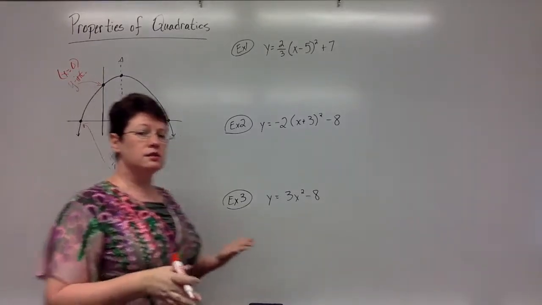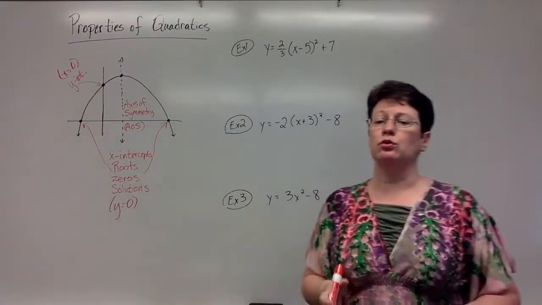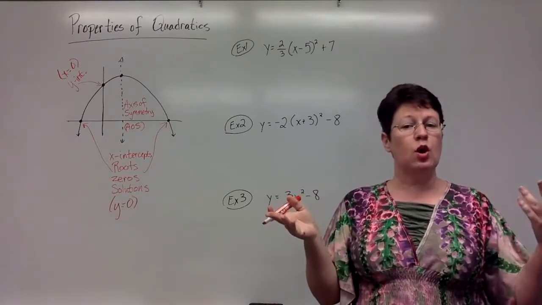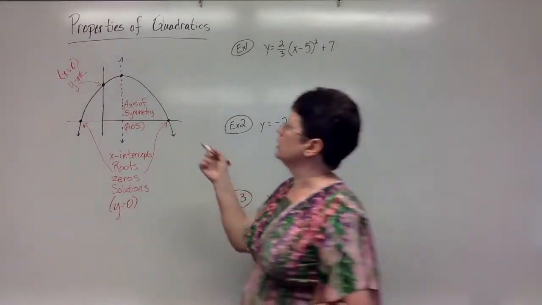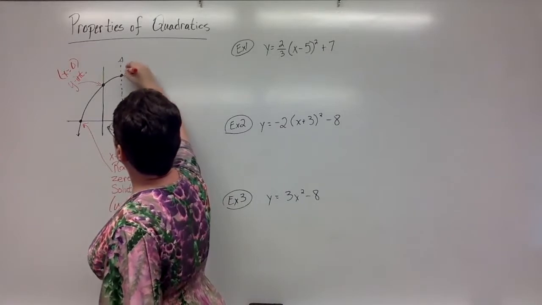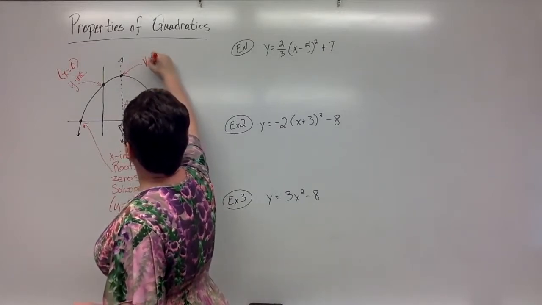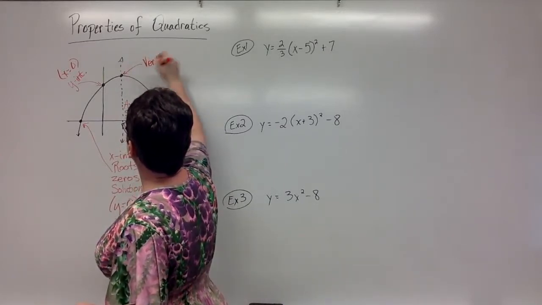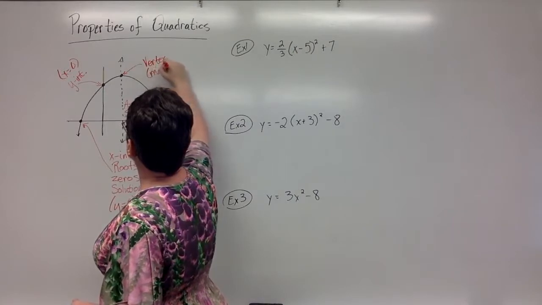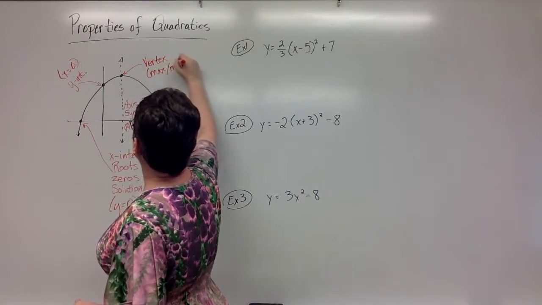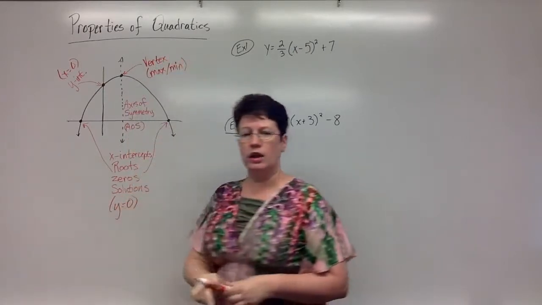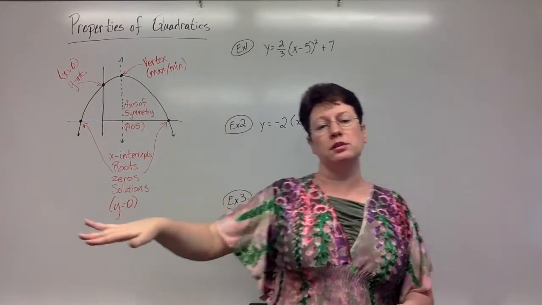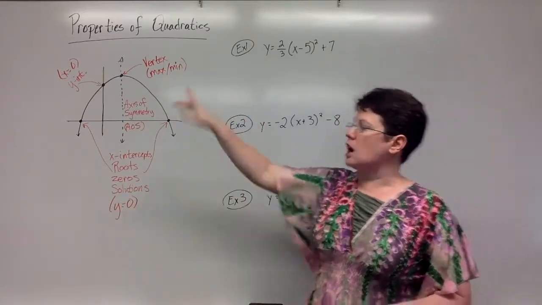The axis of symmetry always runs through either the highest point or lowest point on the parabola. This point is called the vertex. It is either a maximum or a minimum, depending. Now, in this case, since my parabola is upside down, think of it as the top of the hill.